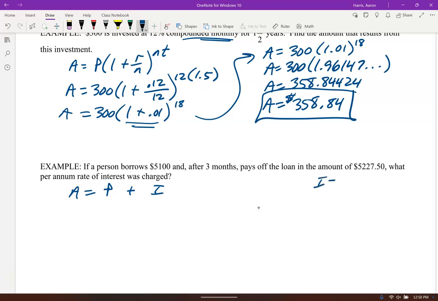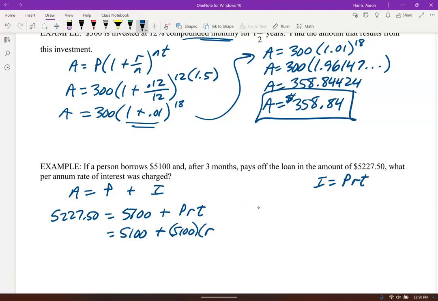And if you remember, simple interest is just principal times rate times time. They borrowed $5,100, so they're paying off the $5,100 plus the interest, PRT, right?